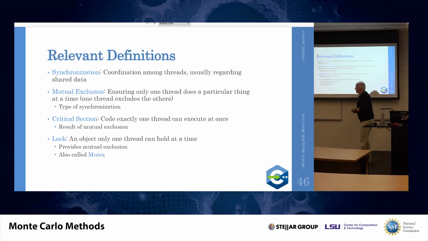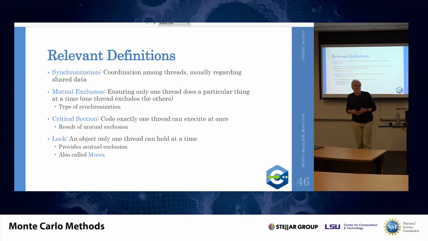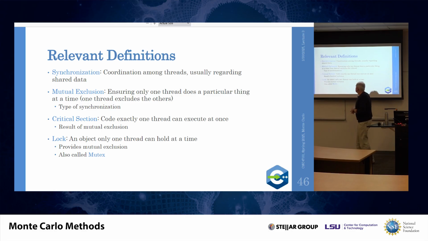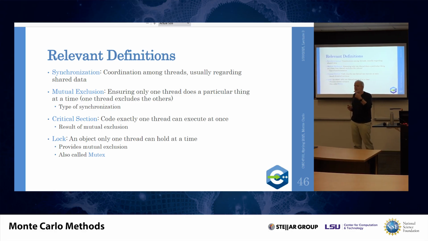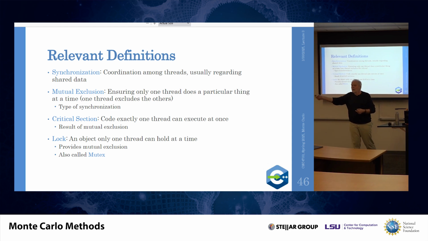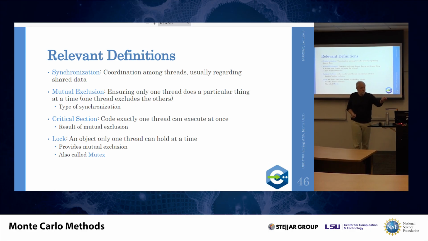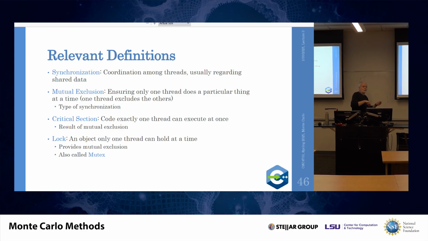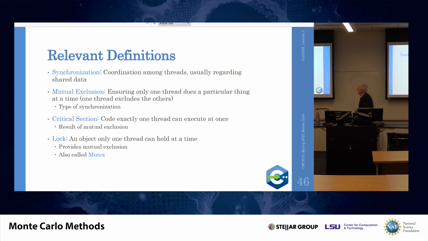And last but not least, a lock, or well, let's call it a mutex. In C++, it's called a mutex, is an object that allows us to establish a critical section, because it is a flag only one thread can hold at a time. It's like a token that I can give to one of you, and only one of you can hold that token at any point in time. You can pass on the token to the other guy, but then you are not allowed to execute the code anymore that is related to that token. And a mutex is a type in C++ that can be used for that.